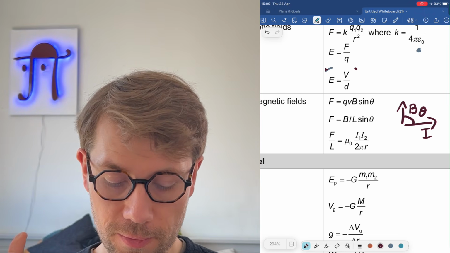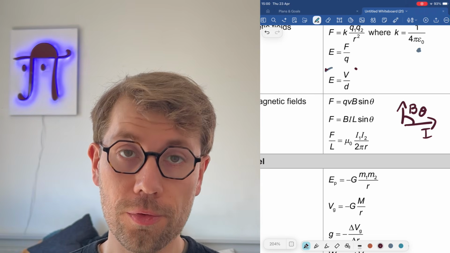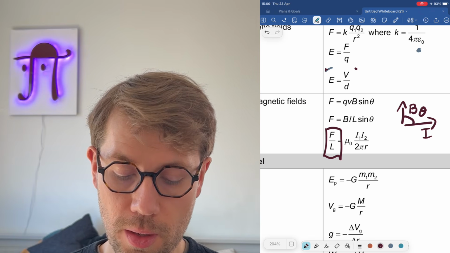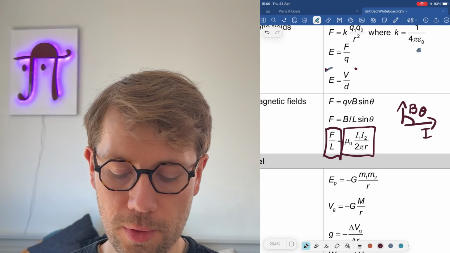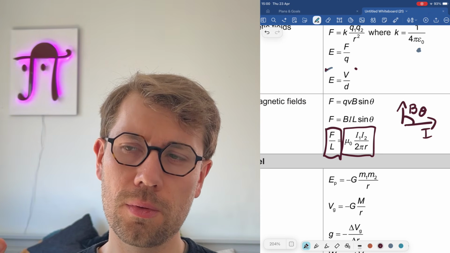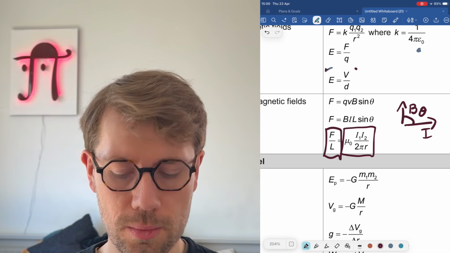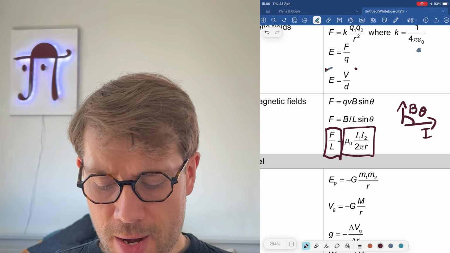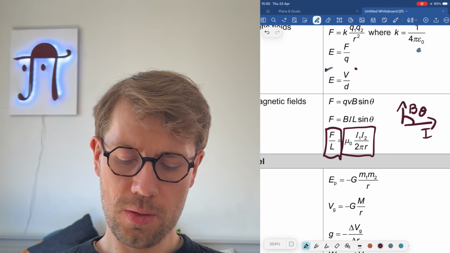Next we have the force per unit length. And then we've got all these other symbols. We've got I1, I2. That's two currents. Maybe there's two wires. And then we've got mu 0.